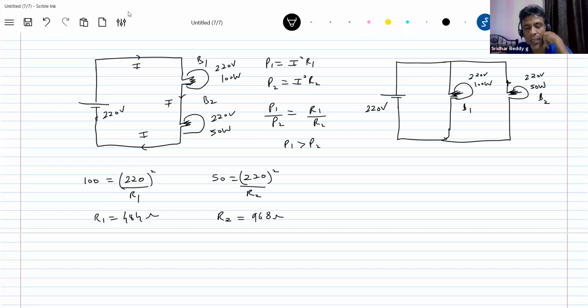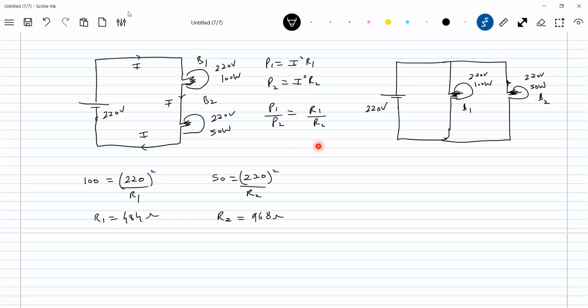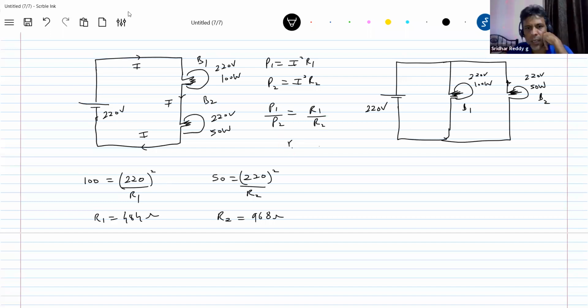Here R2 is greater than R1, so P2 is greater than P1. Which will have more brightness? The one which has the lower power rating.